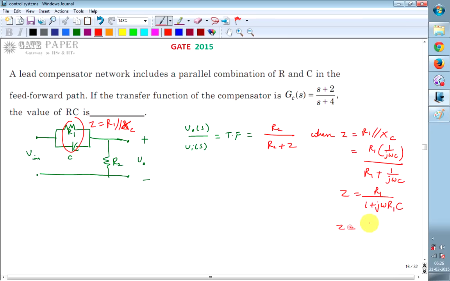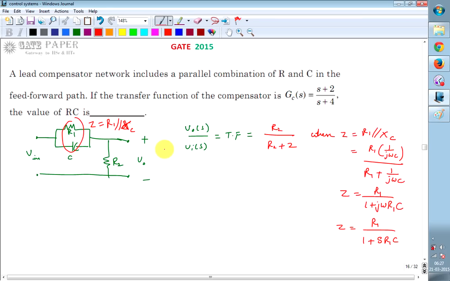You can write this in the S domain as R1 divided by 1 plus S R1C. Simply, XC is 1 by SC, you can write directly. Then you will arrive at this value of Z.